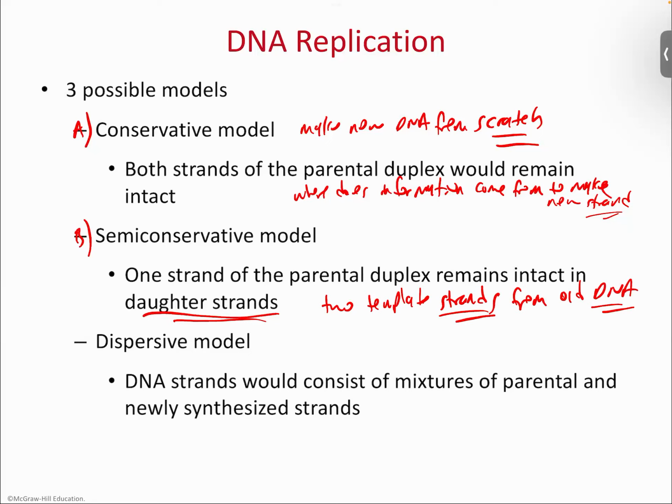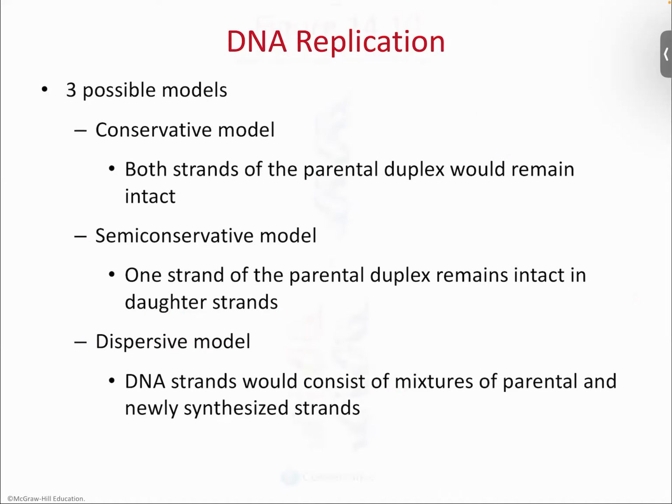Because that would solve your information problem, wouldn't it? And then they had the dispersive model. Basically, this is where you have a patchwork of the old and new. Honestly, I'm not quite sure how they envisioned this one working, because it just seemed dead in the water to me. So of these three, if you reason it through, you would imagine that there's really only one that seems viable. Let's take a look at what we're talking about.